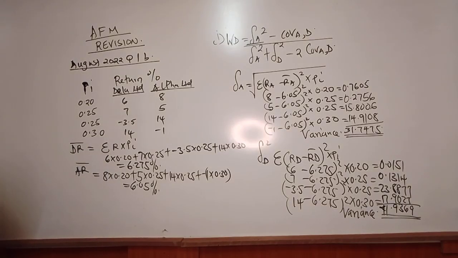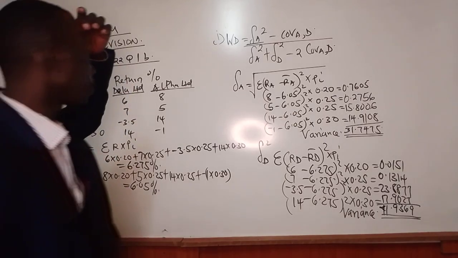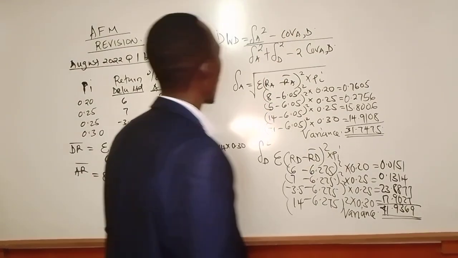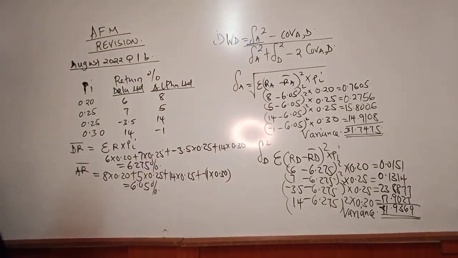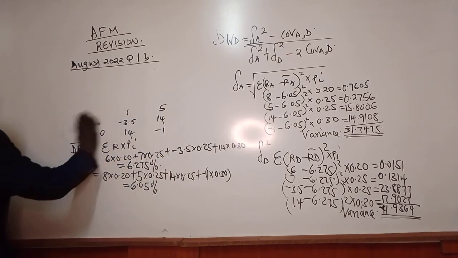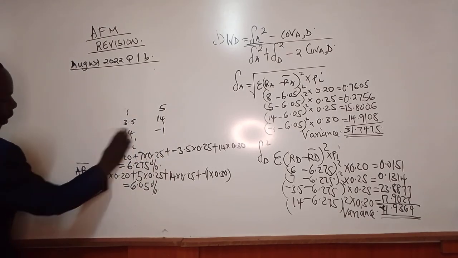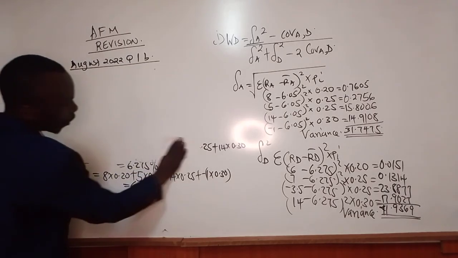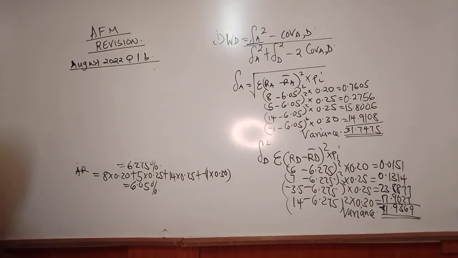So once we have the variances, what is remaining is for us to compute what? The covariance of A and D. So let us compute the covariance of A and D. Remember, we have to retain this.